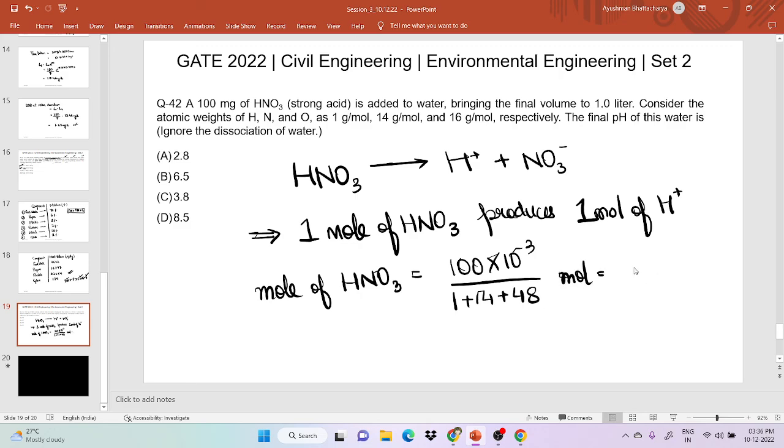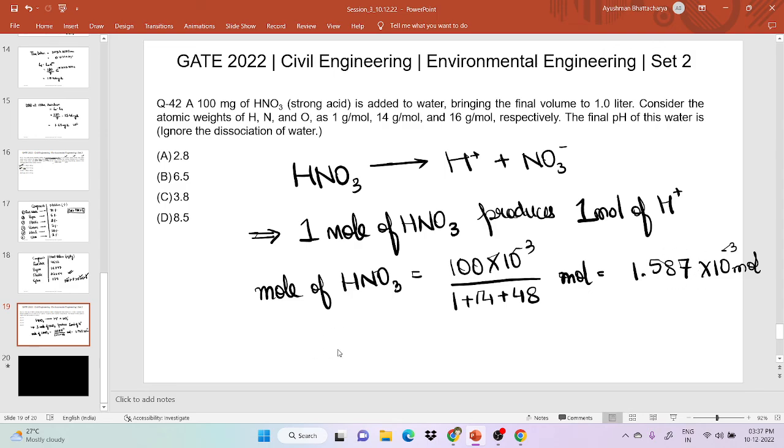So we will get 1.587 times 10 to the minus 3 moles. Now from the chemical reaction, 1 mole of HNO3 produces 1 mole of H+. So obviously this many moles of HNO3 will produce this many moles of H+ ion.